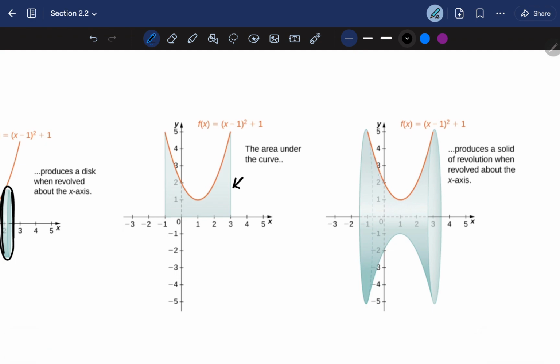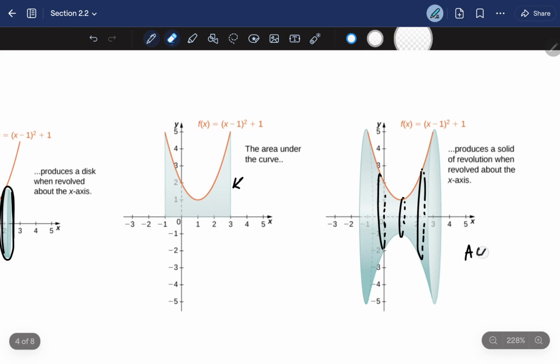But this solid, no matter what point you choose, if you take the cross section, this is always going to be a circle. So the area for any of these cross sections is just pi r squared. But r here is always going to be f of x.